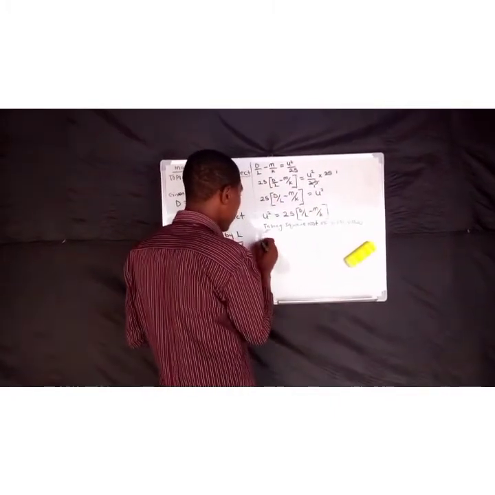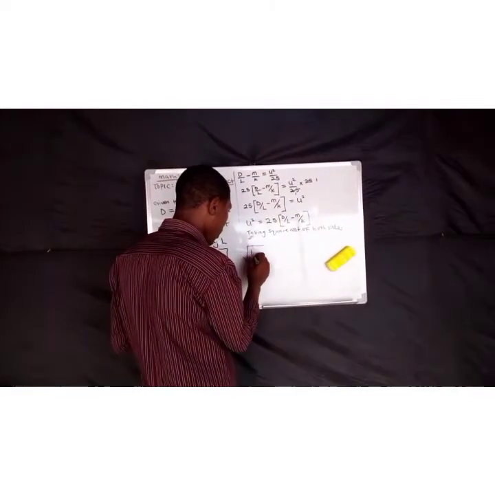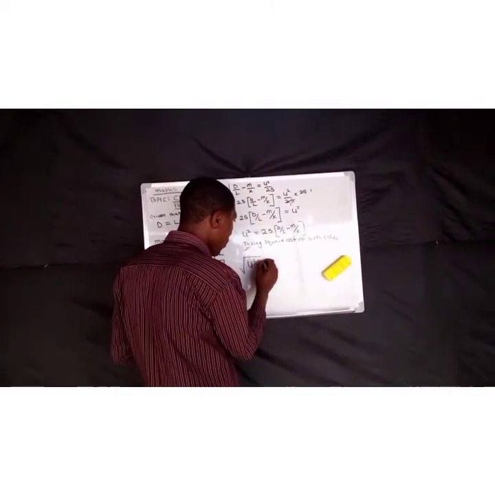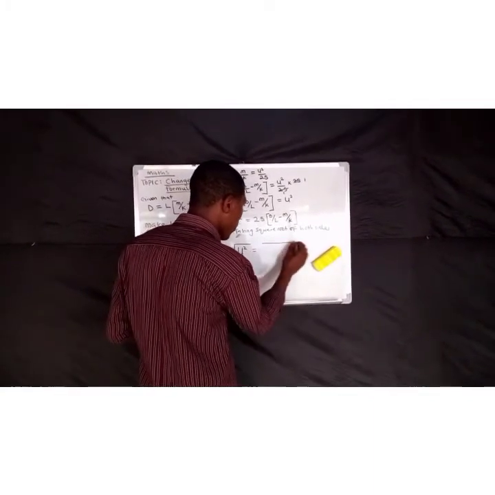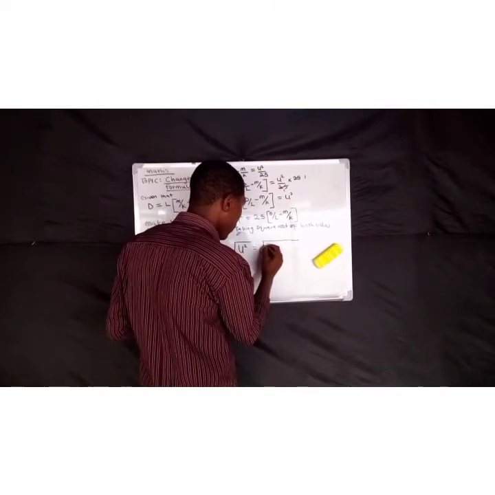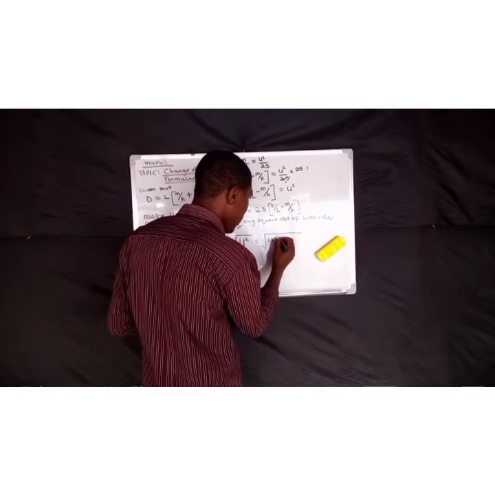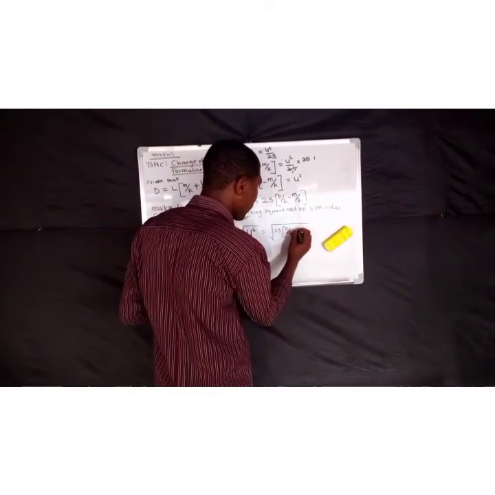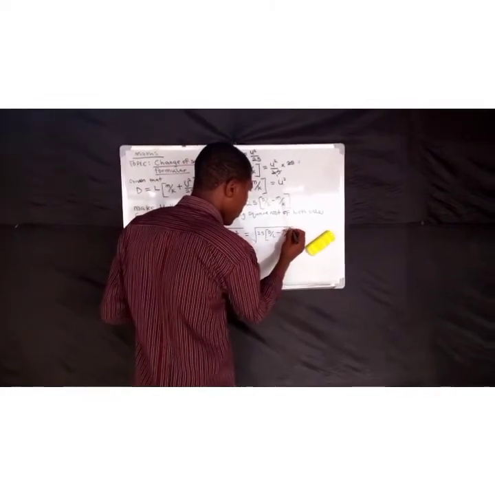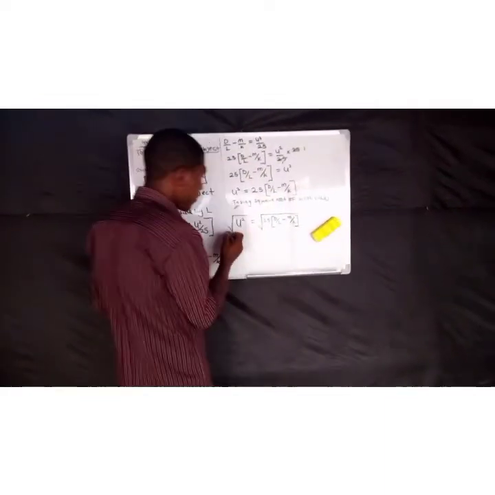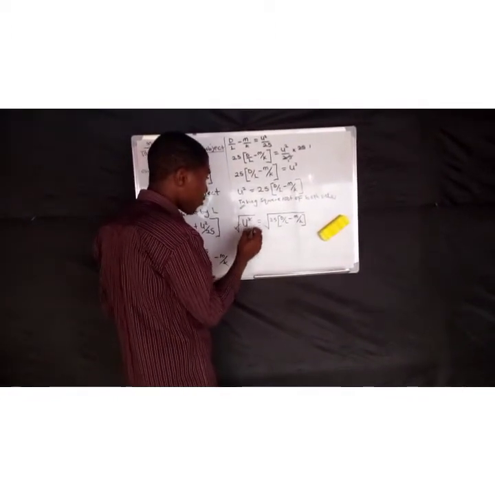So we have that it will be like this: the square root of U square is equal to the square root of 25 open brackets D over L minus M over K close brackets. So the square root sign will cancel the square sign, so U will be left.